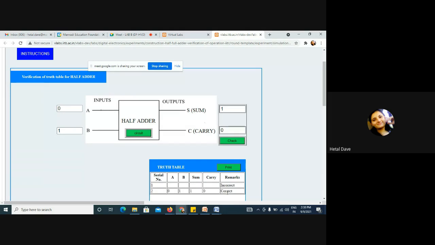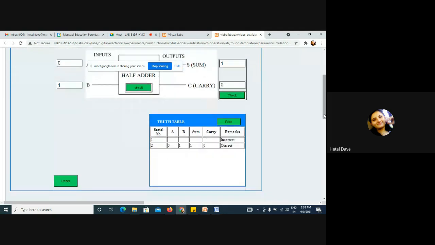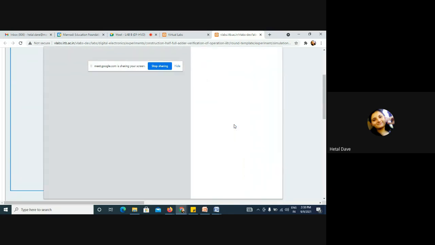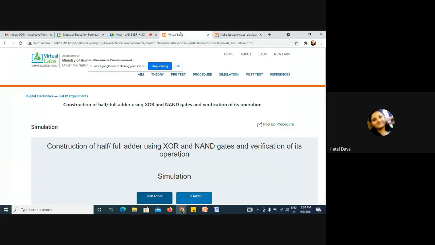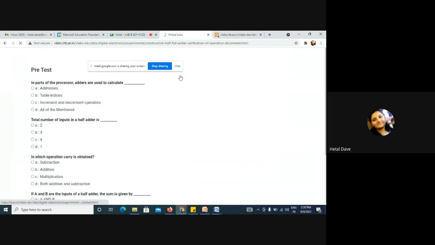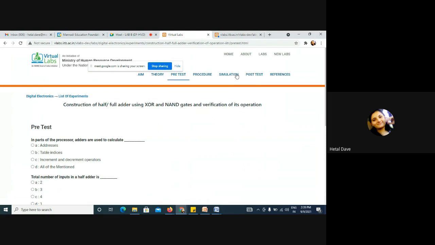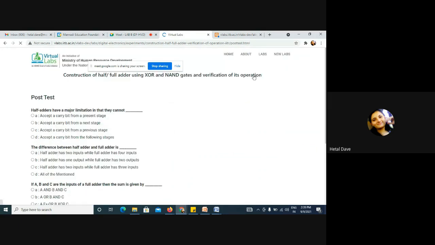Right now it is written correct here. You will enter all these things and take this kind of screenshot. You will paste this screenshot in your lab manual. Later on, you will attempt the pre-test and post-test.